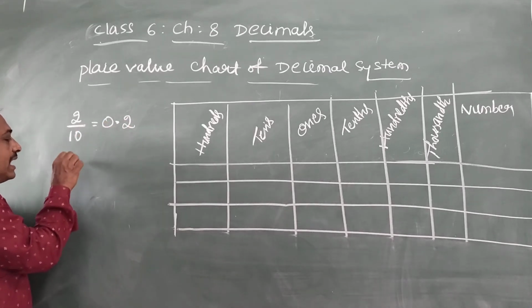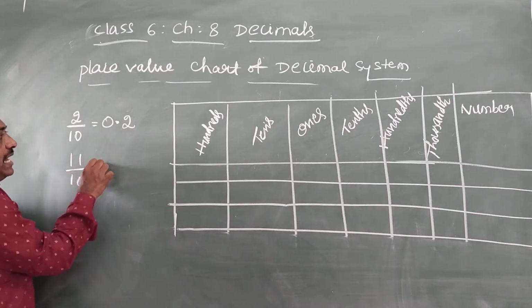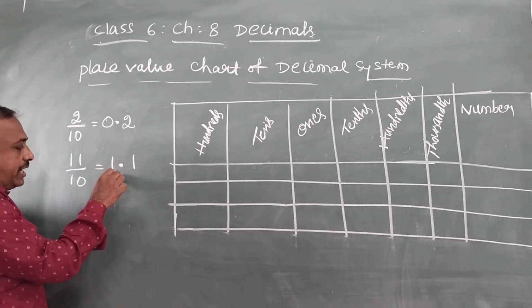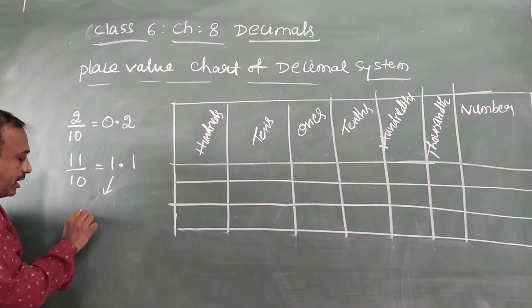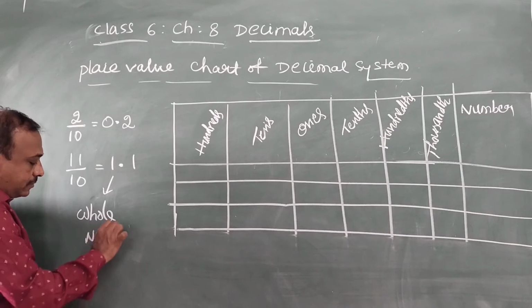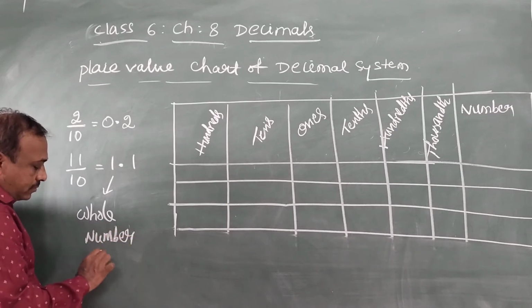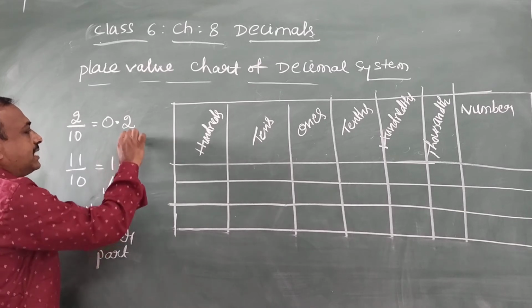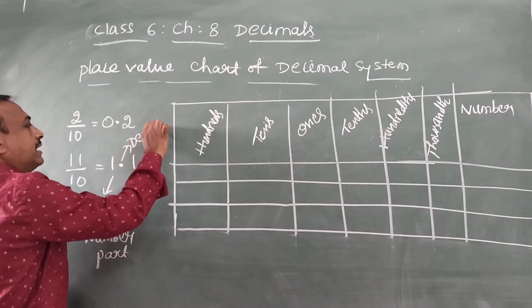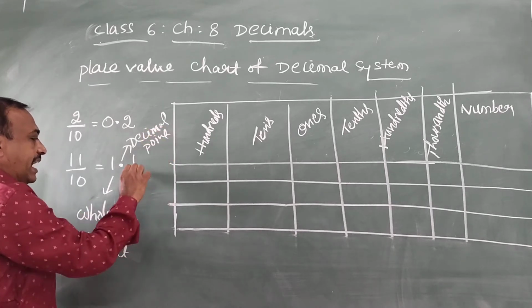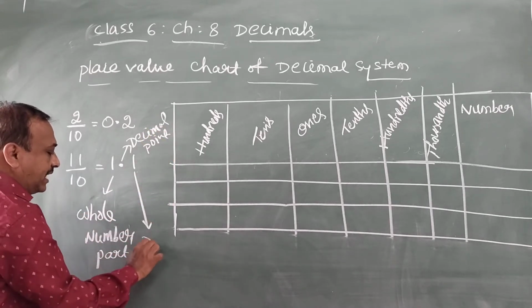If you have 11 by 10, then we write 1.1. In 1.1, this is the whole number part, this is the decimal point, and this is the decimal number.